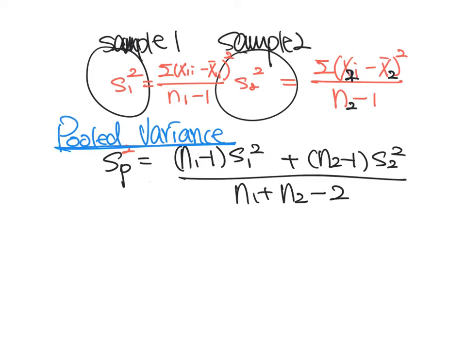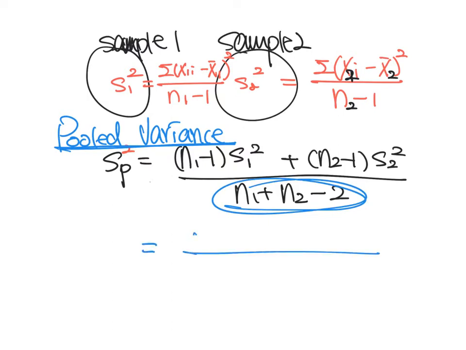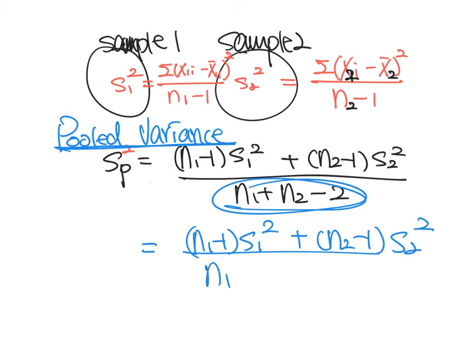Let me modify a little bit. I can split the degree of freedom, which will be n1 minus 1 S1 square plus n2 minus 1 S2 square, over n1 minus 1 plus n2 minus 1. Can I split n1 plus 1 and n2 plus 1?